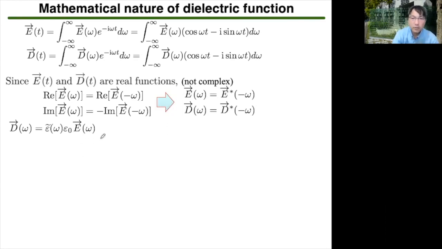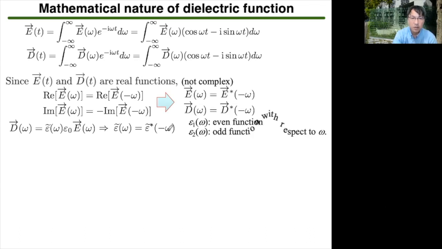Therefore, the dielectric function epsilon tilde has the same relation as that of the electric and displacement fields E and D. Namely, the real part epsilon 1 is an even function of the angular frequency omega, while the imaginary part epsilon 2 is an odd function of the angular frequency omega. According to electromagnetism, the displacement field D is also a result of charge polarization P. Here, the dielectric function is assumed to be isotropic.